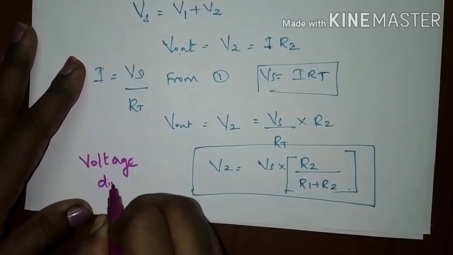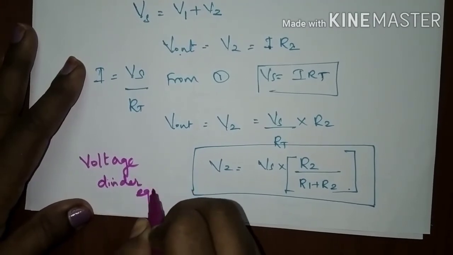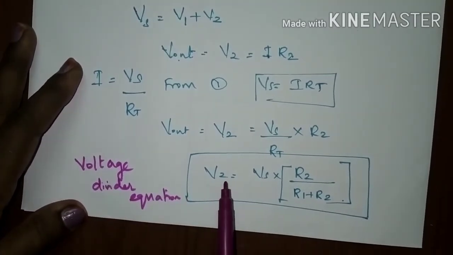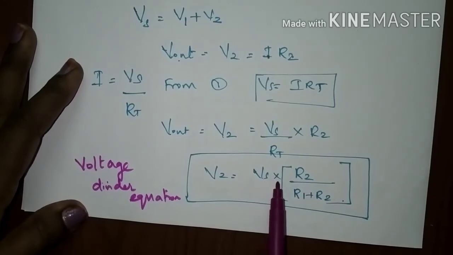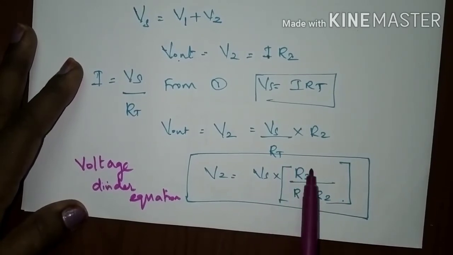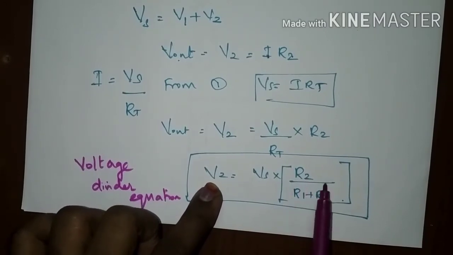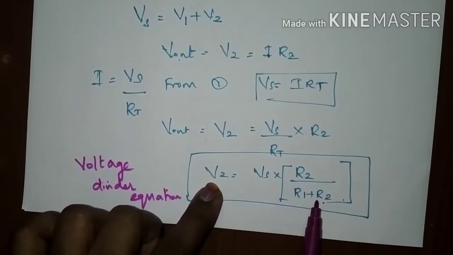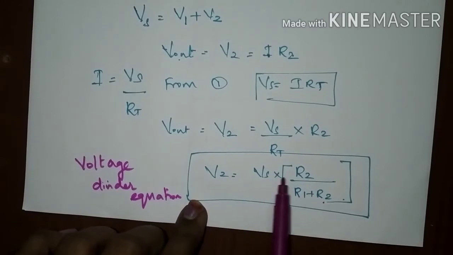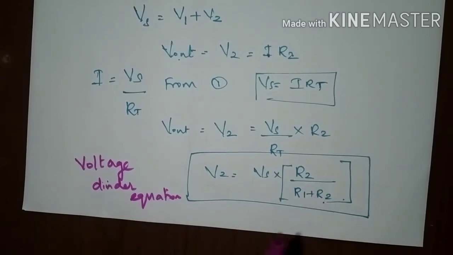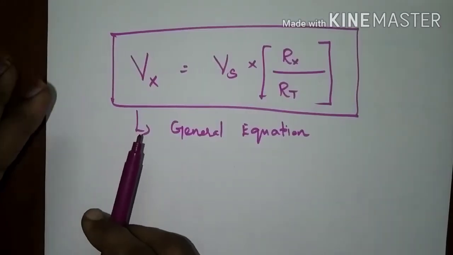The voltage divider equation: the voltage across V2 is the total voltage times the resistance across which the drop has to be found, divided by the total resistance. So V2 is equal to Vs into R2 divided by R1 plus R2. This is the general form of the voltage divider equation.